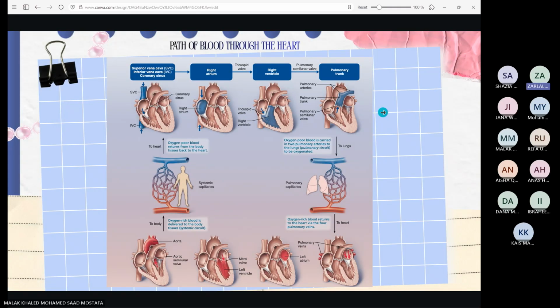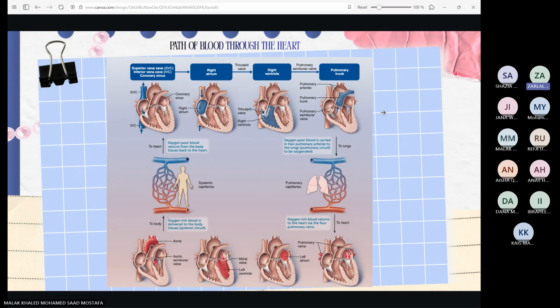Okay, here's the path of the blood through the heart. When blood returns to the heart in the superior vena cava, inferior vena cava, and coronary sinus, it fills the right atrium, goes through the tricuspid valve into the right ventricle, then passes the pulmonary semilunar valve and goes into the lungs. This blood is the deoxygenated blood.